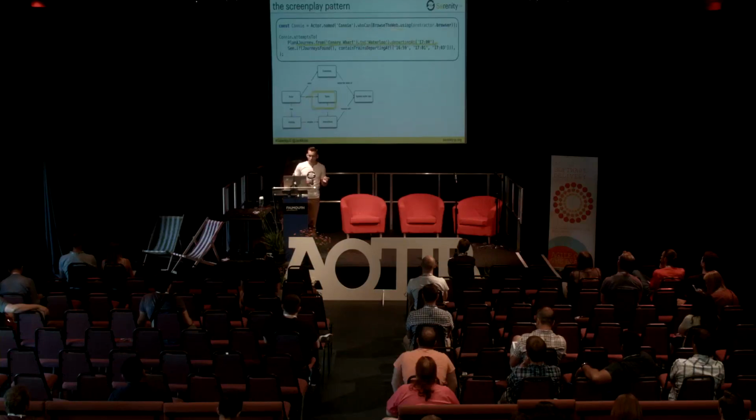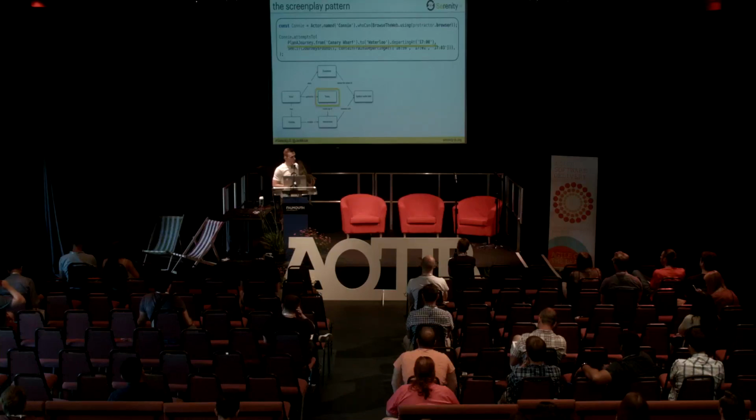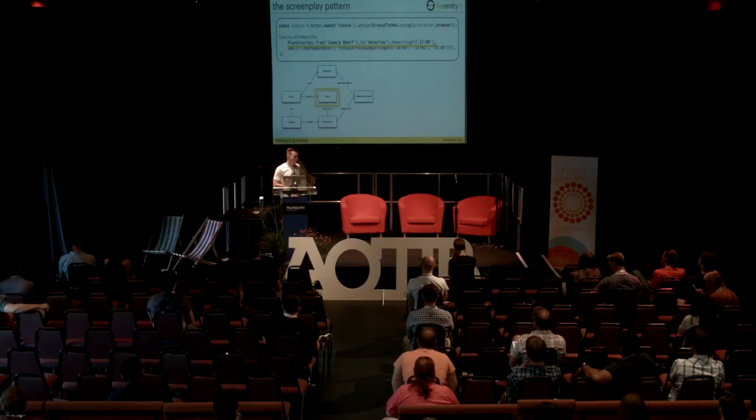Now, once our actor has some abilities, we can ask them to perform some tasks. And this API is, again, fairly straightforward. Each task is just an object implementing the task interface. And we pass them to the actor by saying actor attempts to, and then giving it a list of tasks.